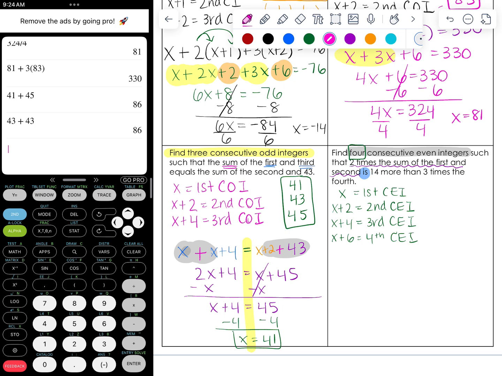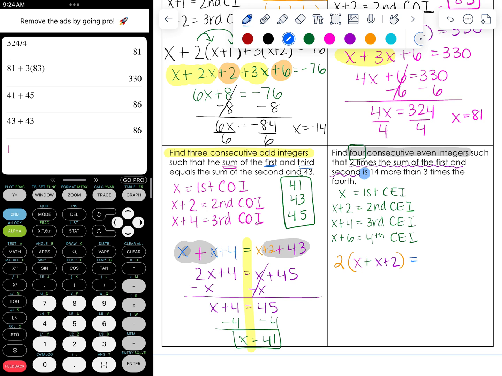Well, the sum of the first and second is going to be x plus 2. Right? That's the first and the second. Let me put that in a different color so you can see what I'm talking about. x plus 2, right? That's the first and the second, but it's 2 times that whole sum.